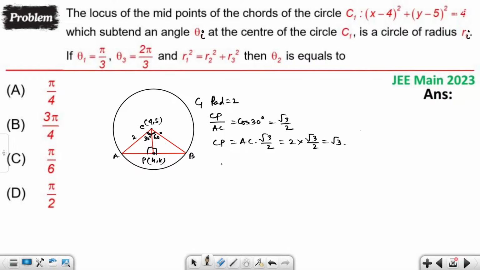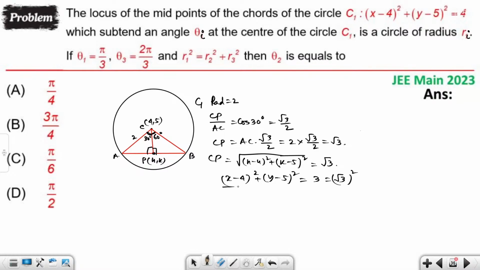Then what is the locus of point P? What is your CP? By the distance formula, we can say this is equal to root over (h minus 4) whole square plus (k minus 5) whole square, which is nothing but equal to root 3. Is it clear? Therefore, the locus of the midpoint of those chords subtending an angle 60 degree at the center is (x minus 4) whole square plus (y minus 5) whole square equals 3. 3 means it's basically root 3 whole square.